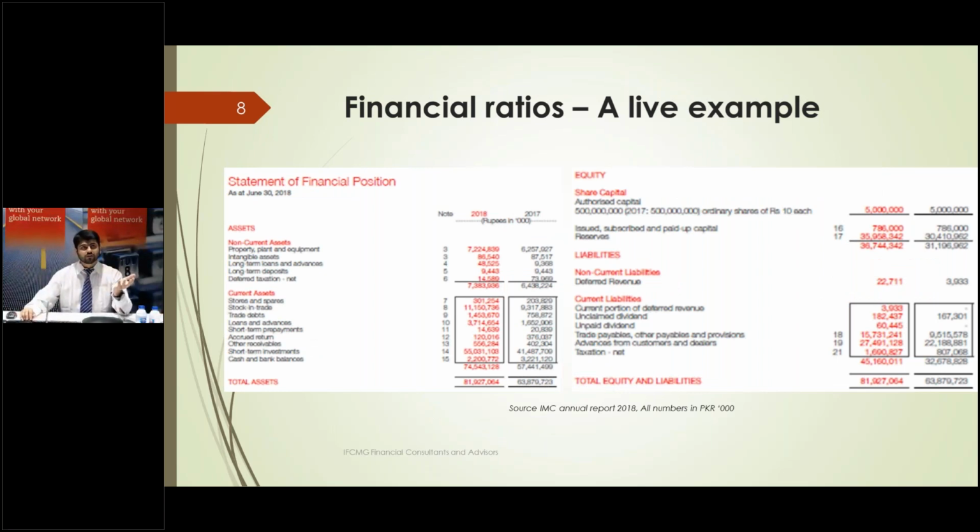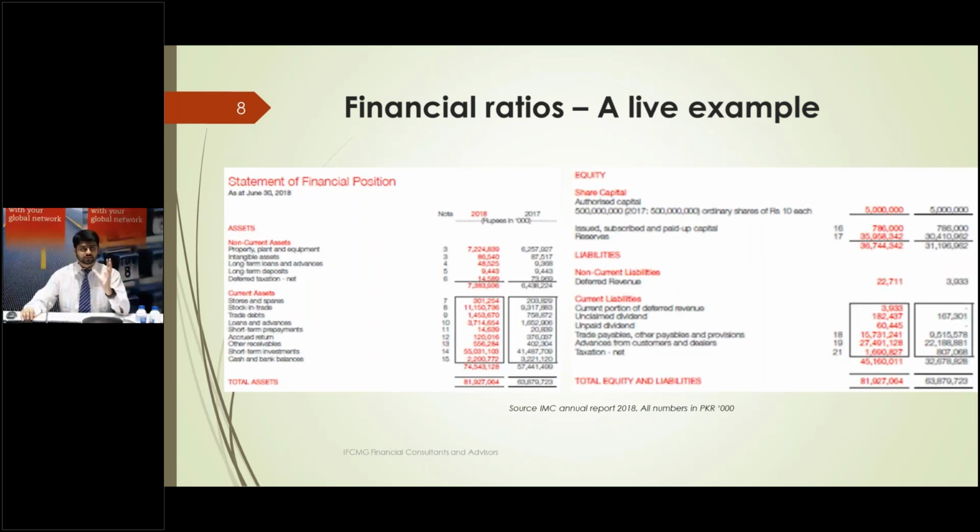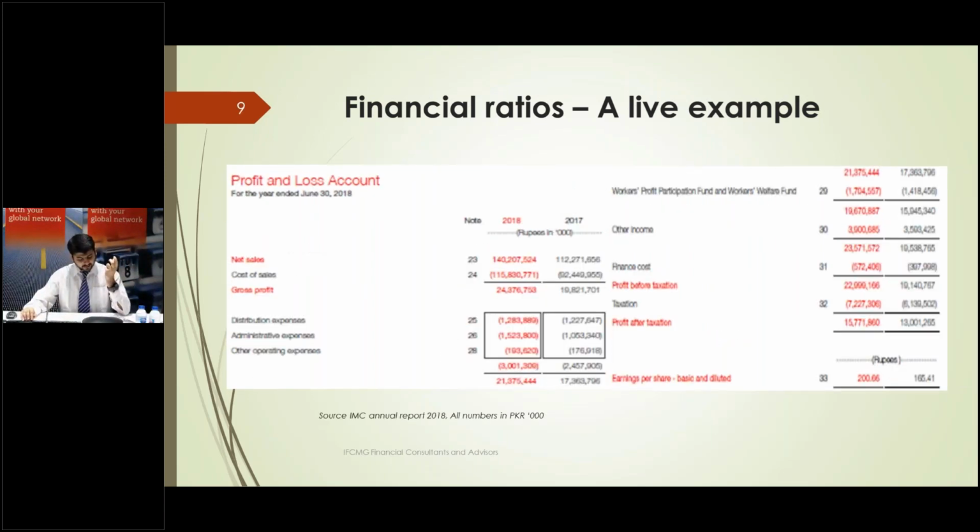If there's an impact on the asset side, it will inevitably translate to an impact on the profit of the company, and vice versa. If there are changes in the profit and loss account, an impact on expenses or on sales, it would inevitably affect the balance sheet. So it is very imperative that when you're analyzing the financial statements of a company, you keep all things in perspective.